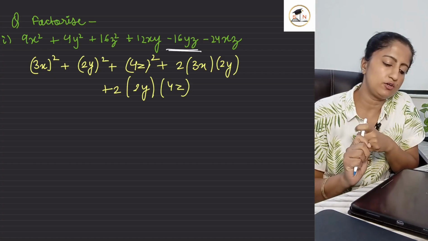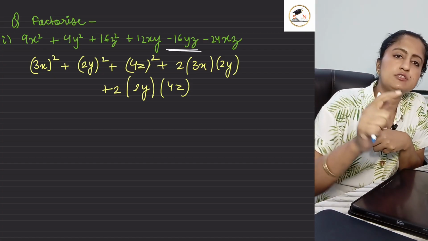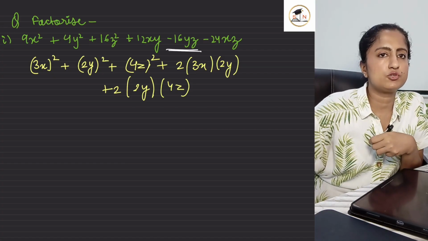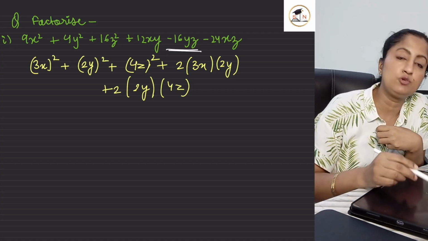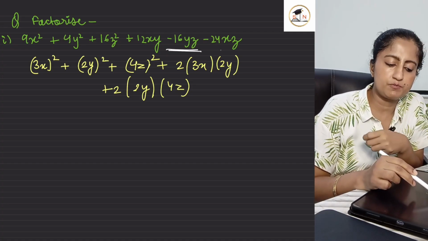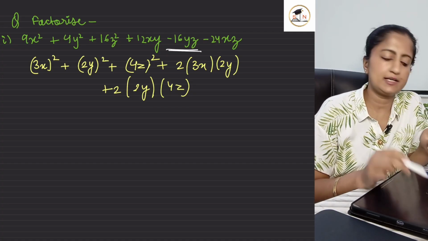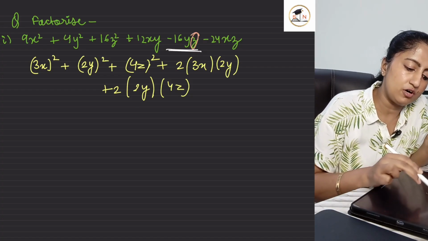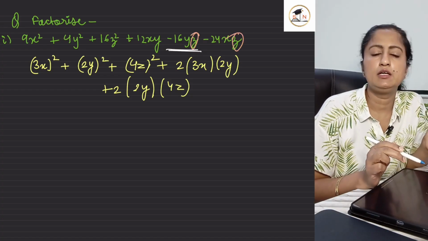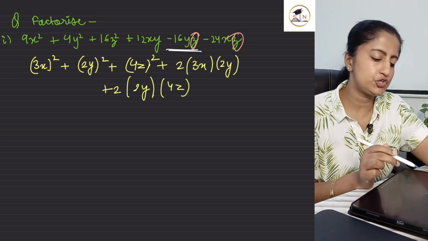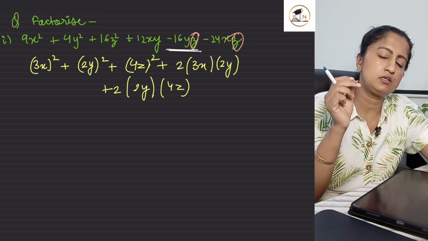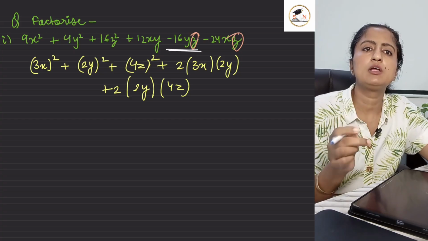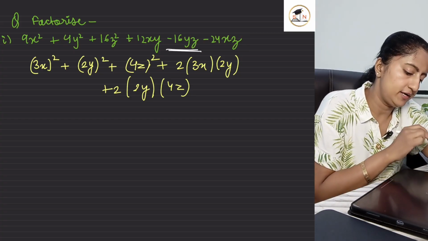So how do we decide that? We have to see if any other term is also negative. And yes, we do have, which is the last product, minus 24xz. So what is common in both of them? We have z as the common element. So whatever is common shows that that particular term is actually your negative component, right?